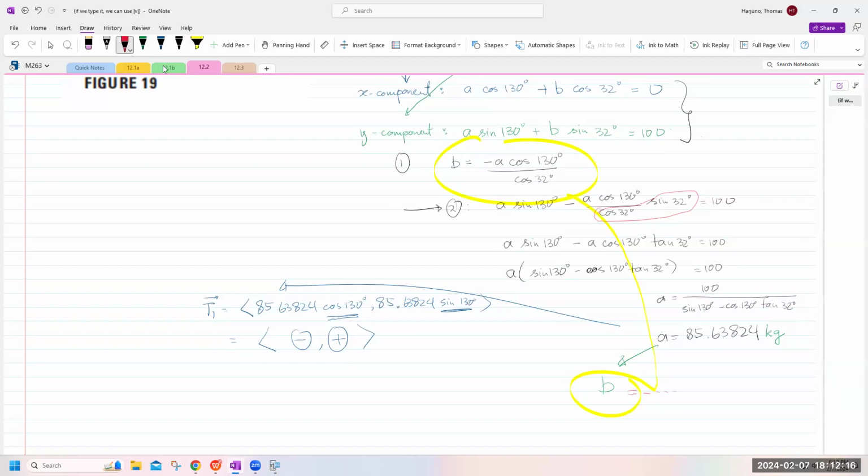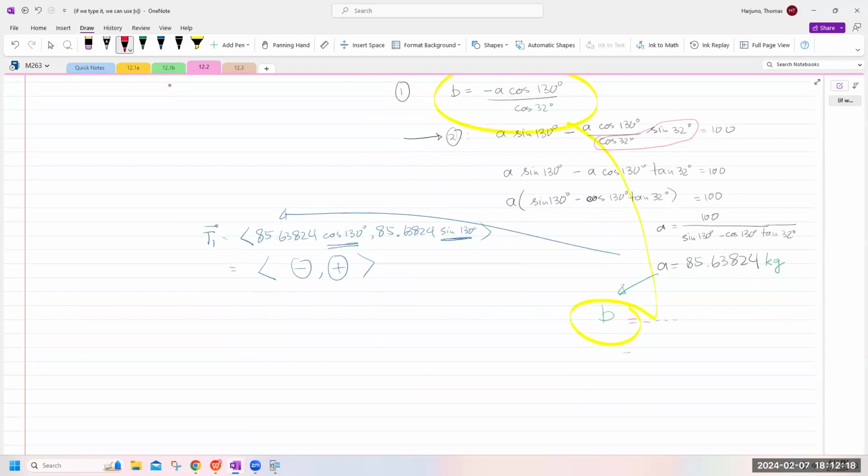Now once you get your B, then you use that to find T2. That's for this 12.2.